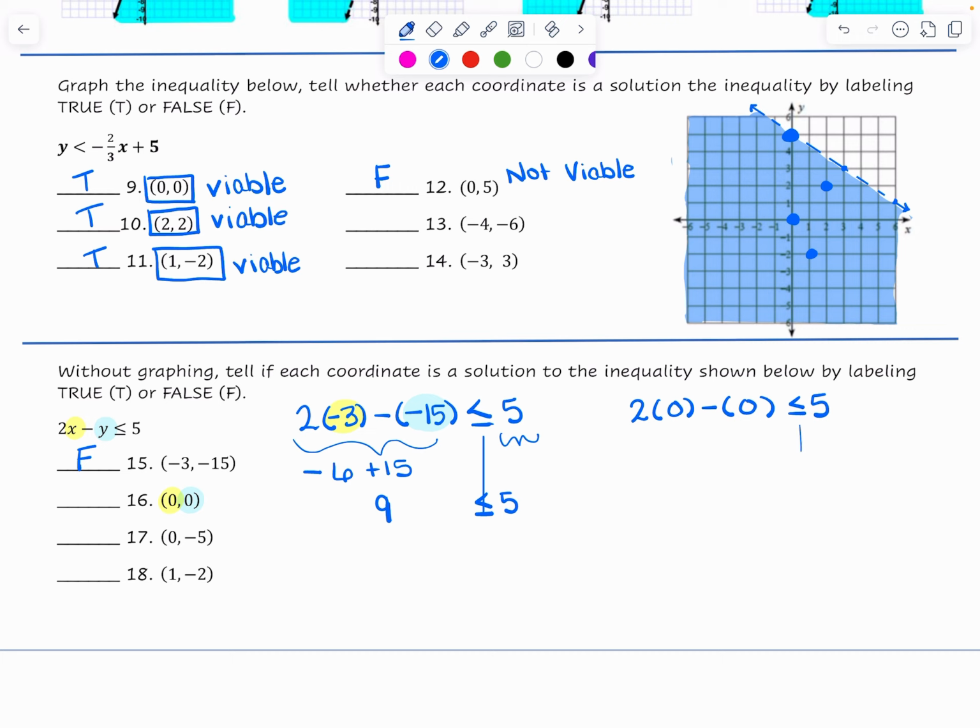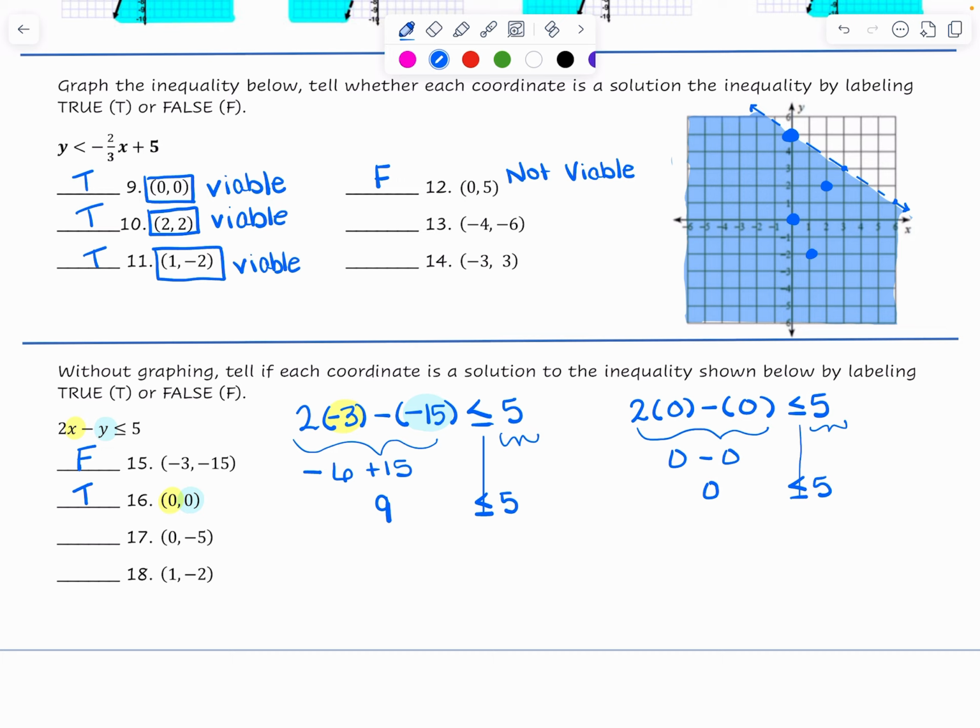And again, we're just checking to see if this side is truly less than or equal to 5. So 2 times 0 is 0, minus 0. So that's 0. Is 0 less than or equal to 5? Yes, 0 is less than 5. I know it's not equal to 5, but it said one or the other. So 0 is less than 5. So this one is true, and this is a viable solution.